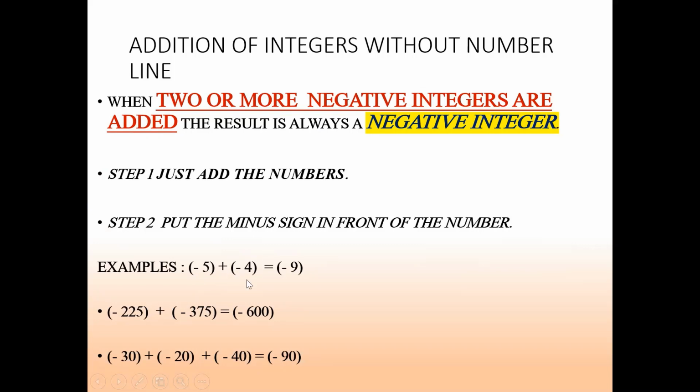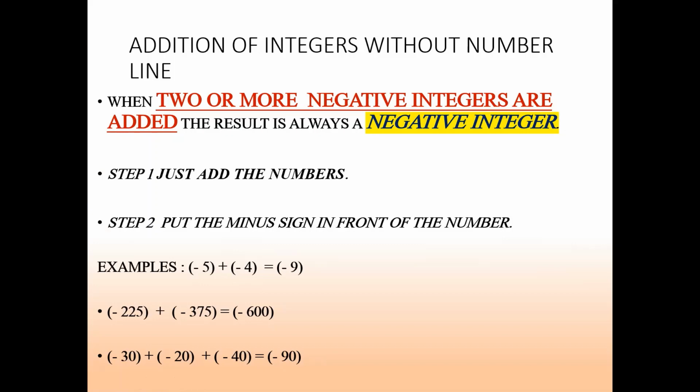Do you know actually what you are doing? You have faced a loss of 5 rupees, because this minus sign mathematically tells you that you have faced a loss. Similarly, this 4, which is having a minus sign in front of it, is telling you that you have faced a loss, because integers have been derived to tell you that if you have profit, show it with the plus sign.